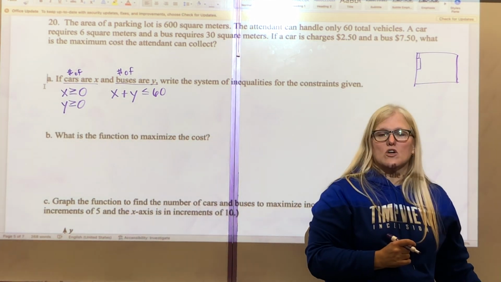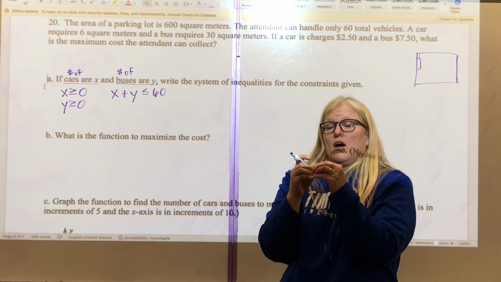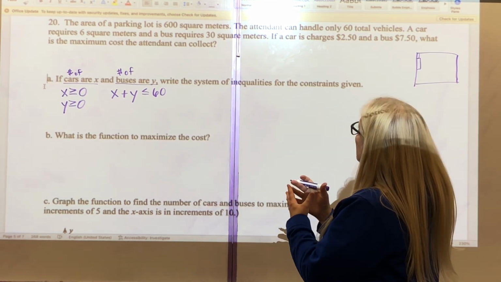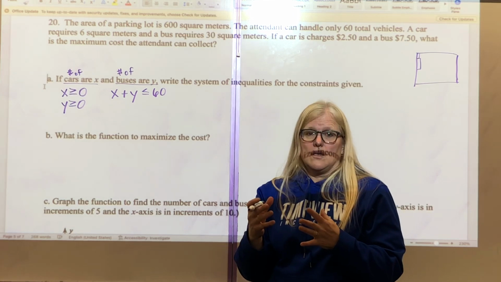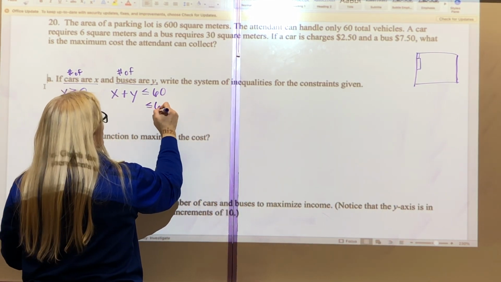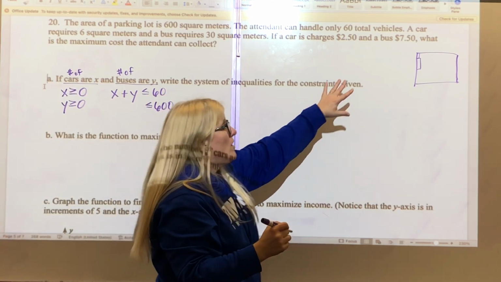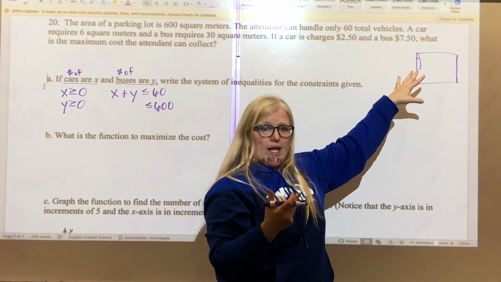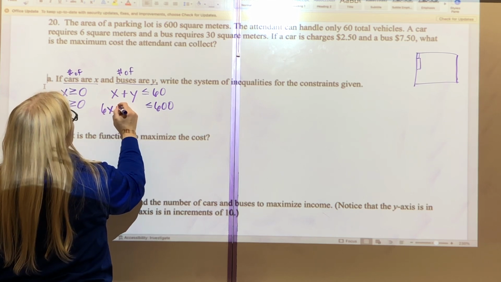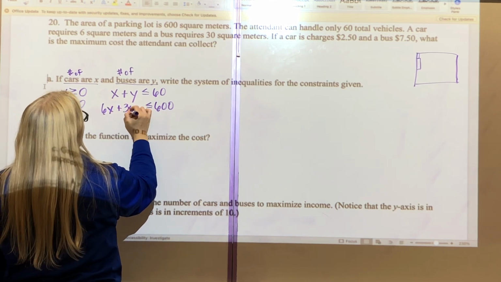Now, another thing that we talk about is the square meters. We can't have more than 600 of those because that's my total parking lot area. But it's 6 for a car and 30 for a bus.